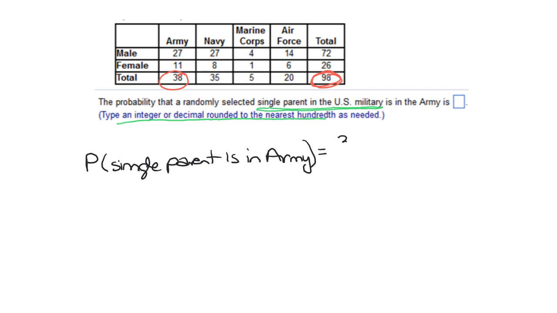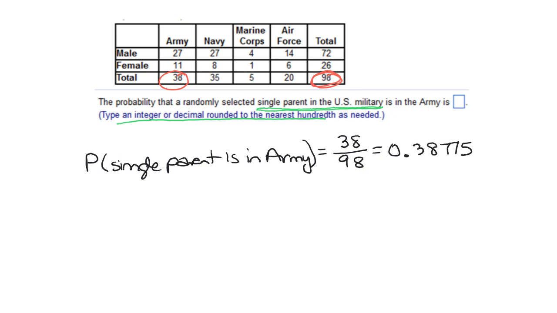So we have 38 divided by 98. And our instructions did not say to enter a fraction. It says type an integer, which this fraction is definitely not an integer, or a decimal. So we are going to place this in our calculator. And it looks like we have 0.3877. I'll just carry it out a little bit.